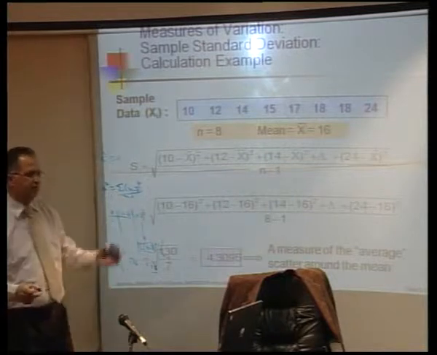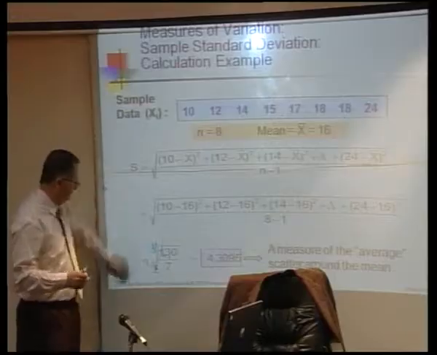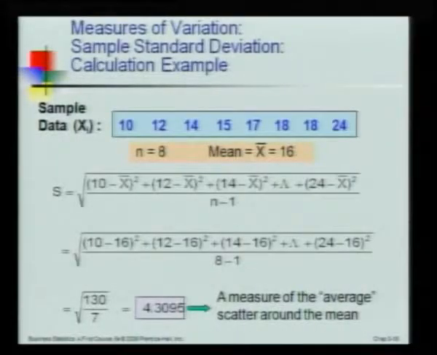Now let's compute the standard deviation for a specific data set. Suppose we have sample data as 10, 12, 14, up to 24, just for illustration. Sometimes we have a huge data set. In that case, you have to use software, maybe Excel, SPSS, Minitab, or whatever software you have.